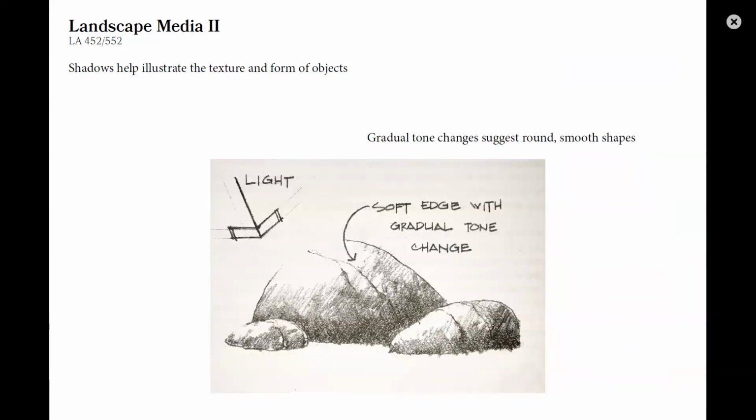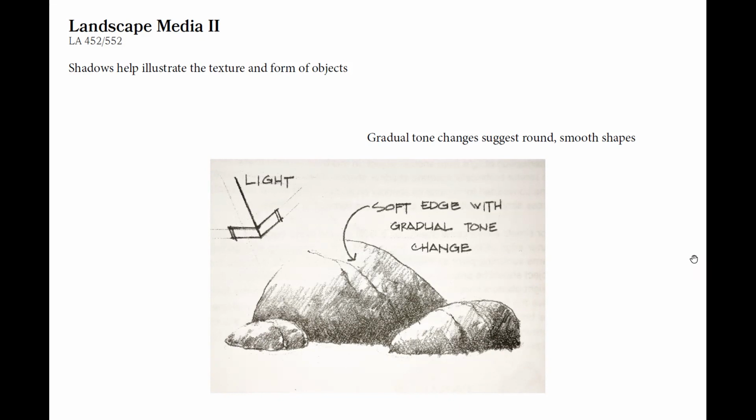Shadows also help illustrate the texture and form of an object. In this rock drawing, the really gradual gradient change on the outside of these rocks suggests a smooth and round shape.